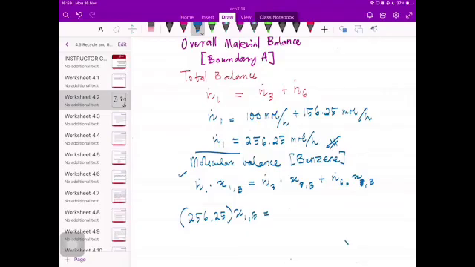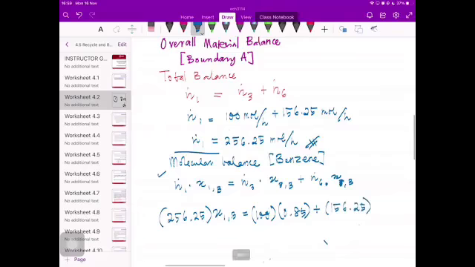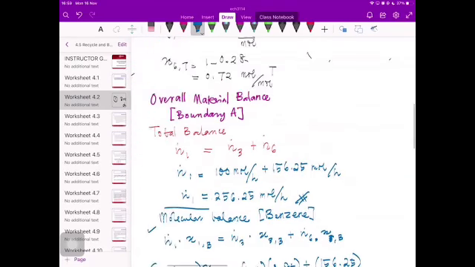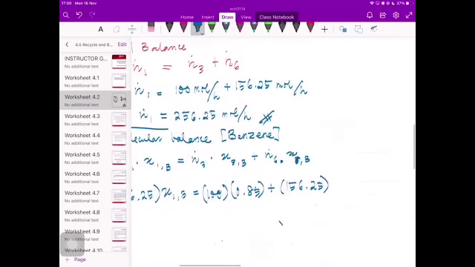We know N3 is equals to 100 mole per hour, and then the XB3 is equals to 0.85, and then we have N6, which is 156.25, and our X6 benzene was 0.28.